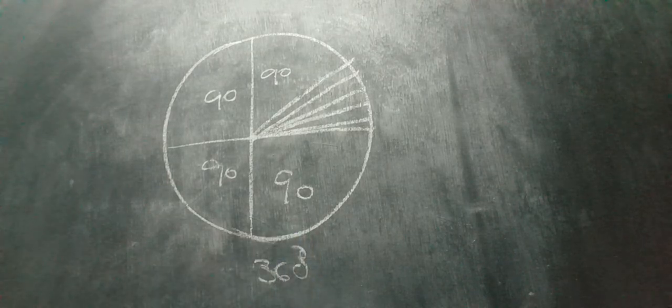Like this, totally 90, 90, 90, 90. So totally how many parts? 360 parts. So here you see, this sector angle is called 1 degree.